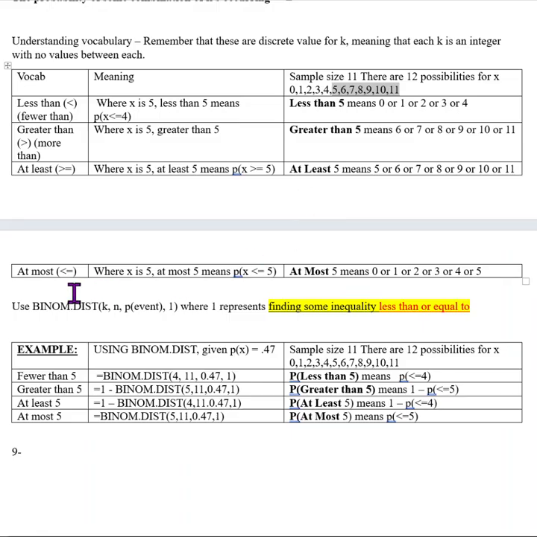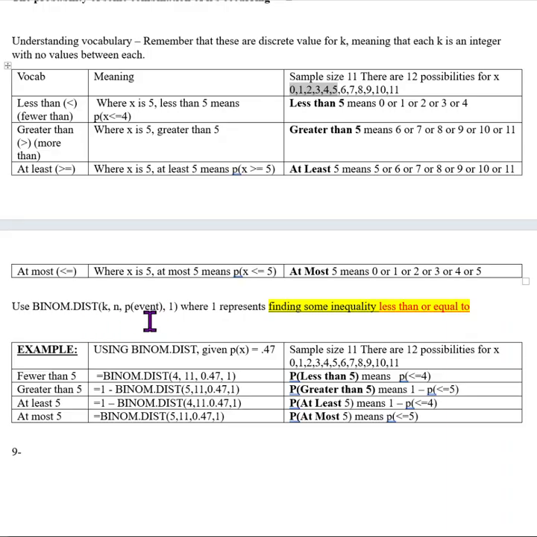Because when I get down here, at most, if I say at most 5 won, that means that I got none. None of my tickets won. One of my tickets won. 2 of my tickets won, up to at most 5 won. Now, how do I do this in calculations? Here's where the complication comes in.